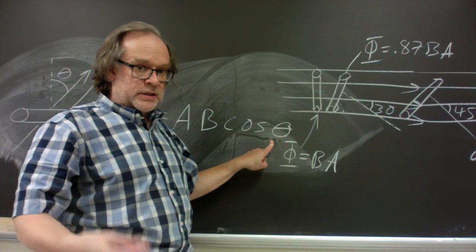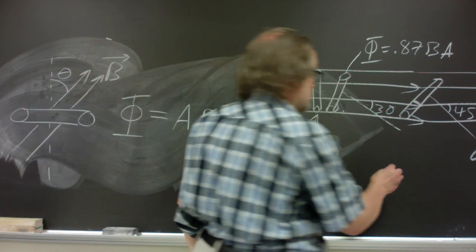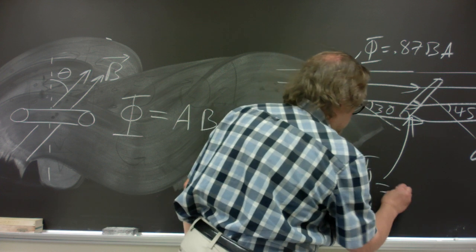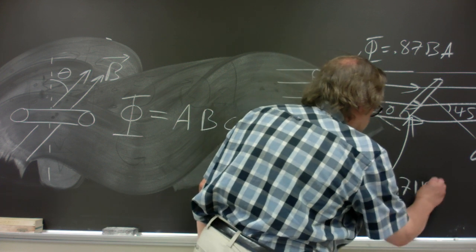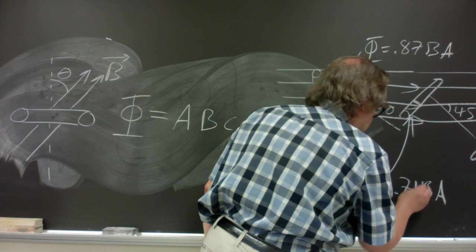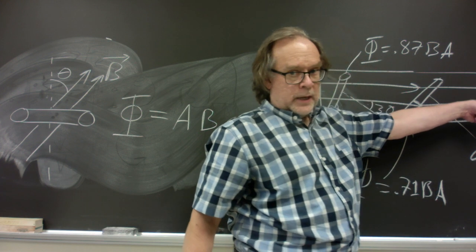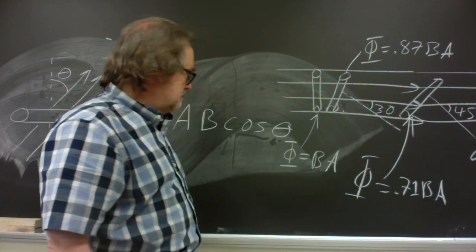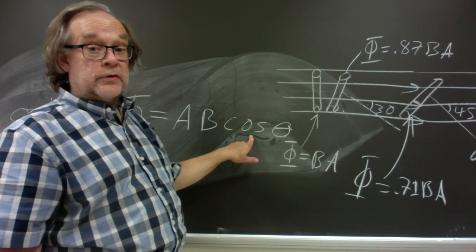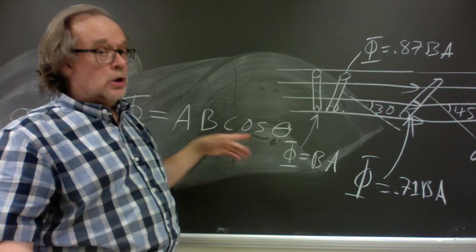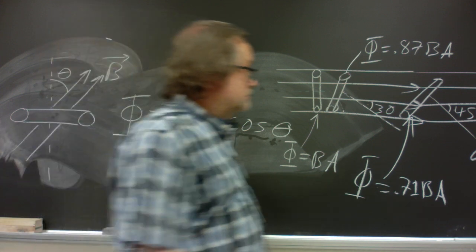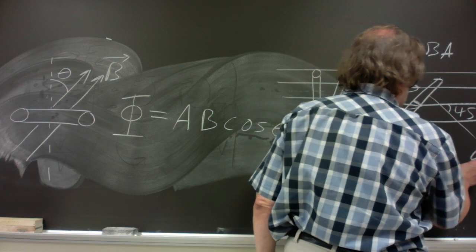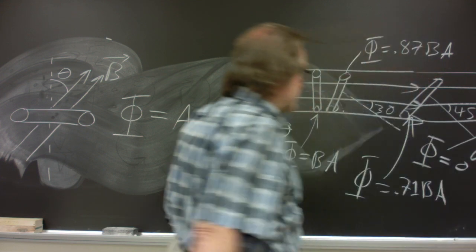Cosine of 45 degrees is about 0.71. So here the flux is about 71% of B times A. And then, of course, here, where the angle between the field direction and the axis is 90 degrees, cosine of 90 degrees is 0, no flux at all.